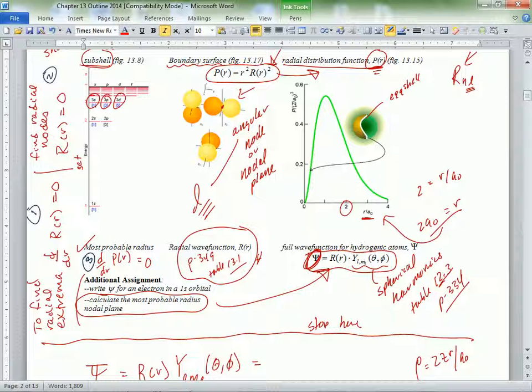So we should follow a game plan for finding it. Yeah, it's got to be this one, because they want us to find the most probable radius.